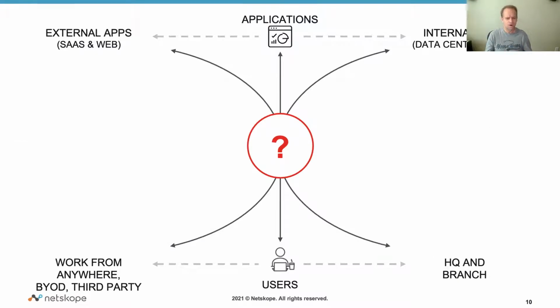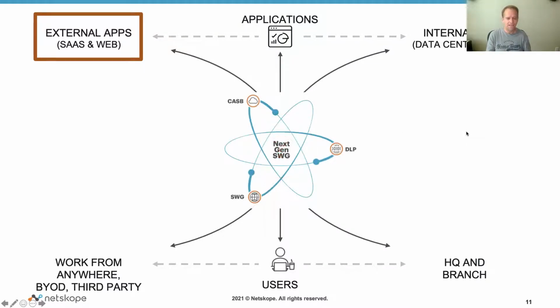So for Netskope, how do we approach and solve for this problem? So very simple. We start with a cloud-native architecture. Netskope was born in the cloud. So for those users at the bottom that need to access those public resources, such as cloud applications and websites, the foundation is what we call a next-gen secure web gateway.